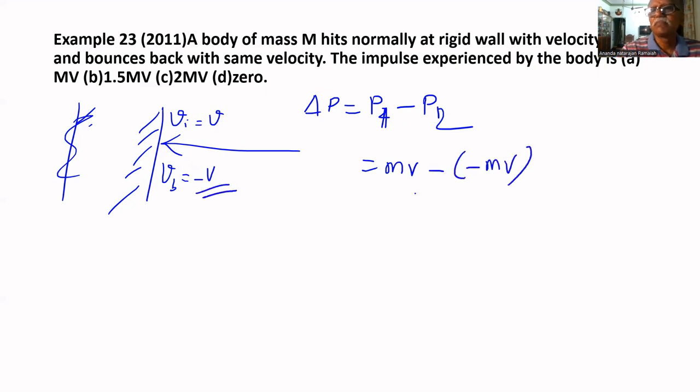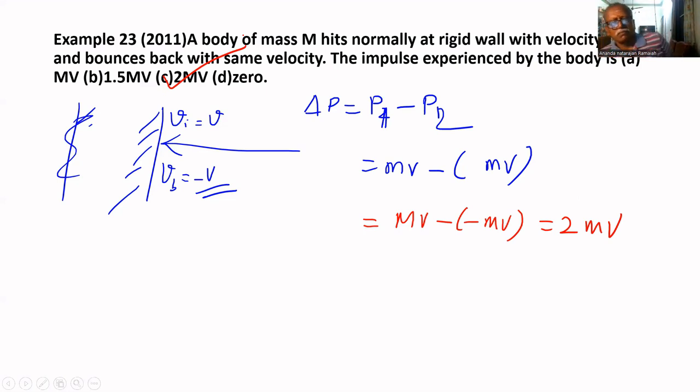Because the velocity after bounce is minus v. So mv minus of minus mv is equal to 2 mv. Therefore, C is the answer. Impulse means delta P, we will find.